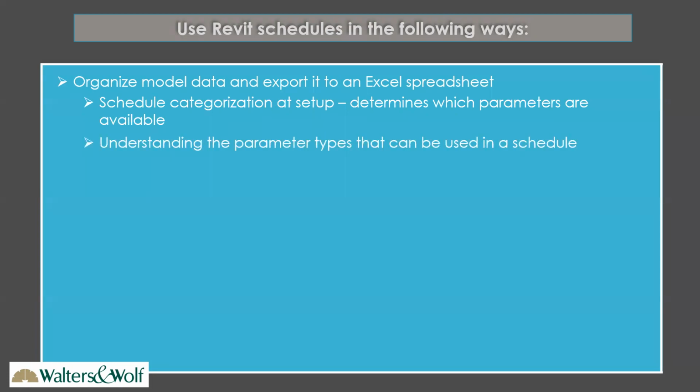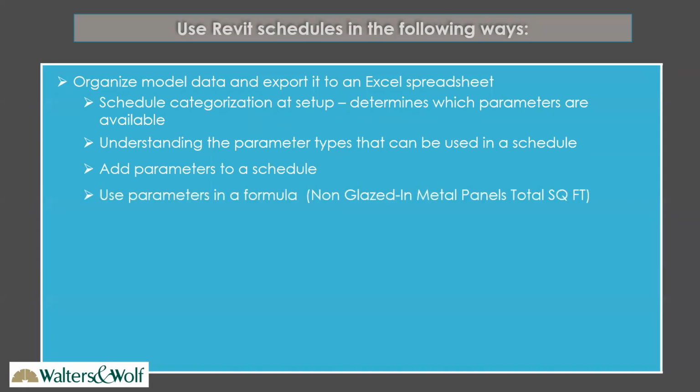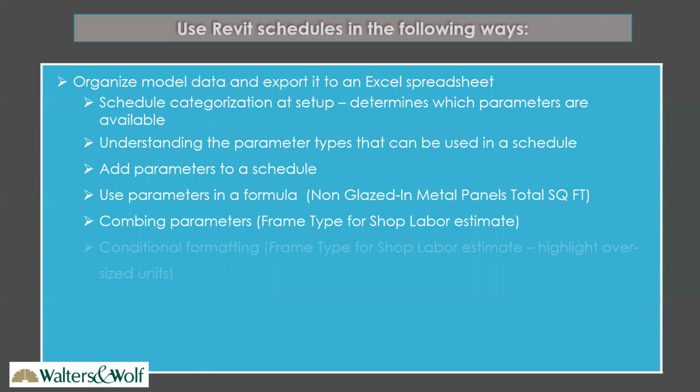Understanding the parameter types that can be used in a schedule. Add parameters to a schedule, and then use them in a formula. So you can take information that's there and put together your own formulas to do a little math or visibility or whatever. We'll talk about combining parameters, kind of like concatenating. It's a visual combination of different elements.